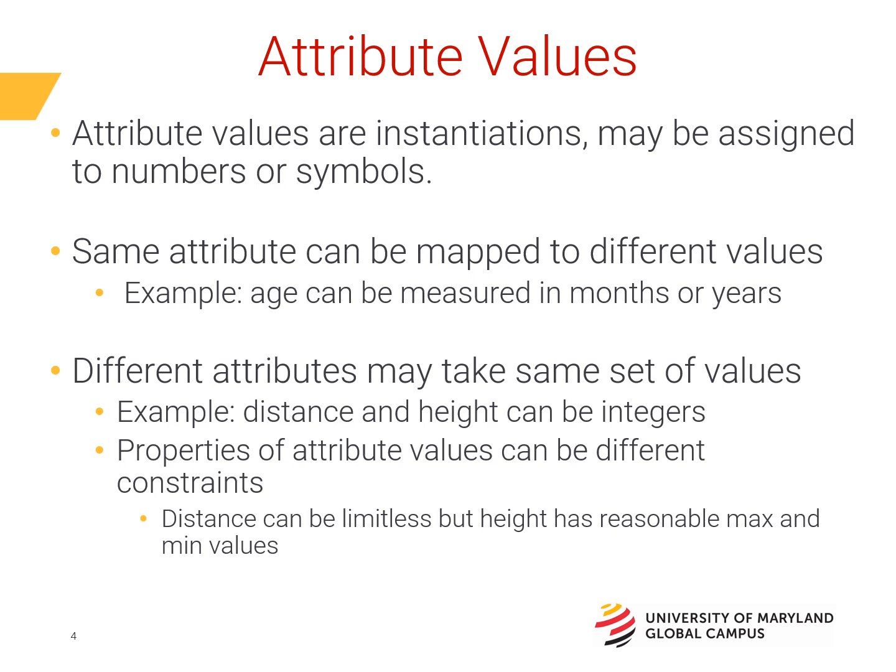And properties of attributes can also have different constraints. Sometimes there are reasonable bounds for some attributes. For instance, height, you have to bound it with some max and min values, otherwise it doesn't make sense, right? So there are reasonable values and limitations put around that based on the type of attribute. So those are attribute values.